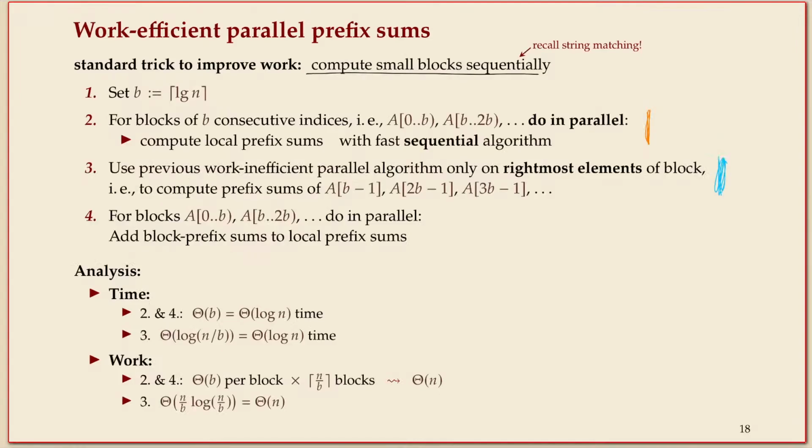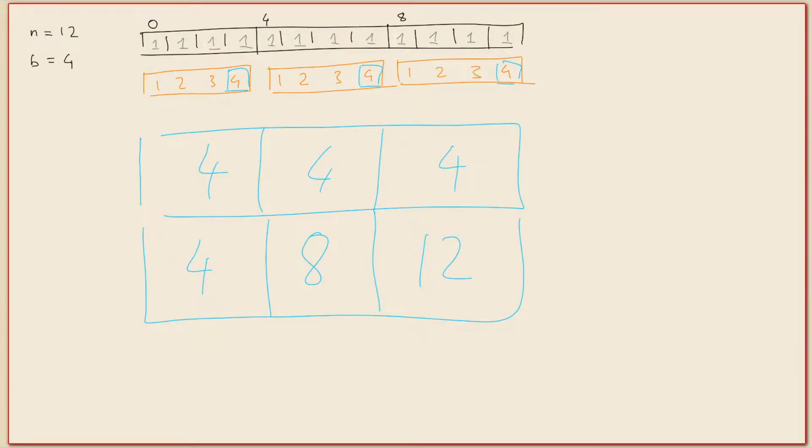And then we come back to the blocks, and add the global prefix before that block to all the values within the block. So what that's supposed to mean is we copy our orange part.